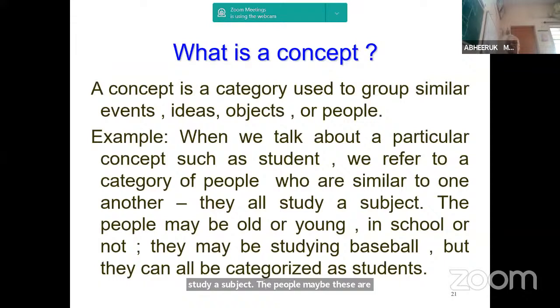Some old person may go, young school children can go. But all of them study that particular subject with a particular teacher. They may be old or young, they may be studying in school or not. Similarly, those learning baseball. So you can categorize, some common characteristics are there.